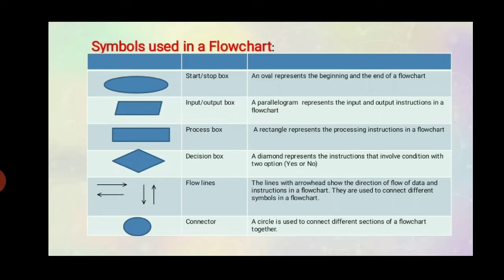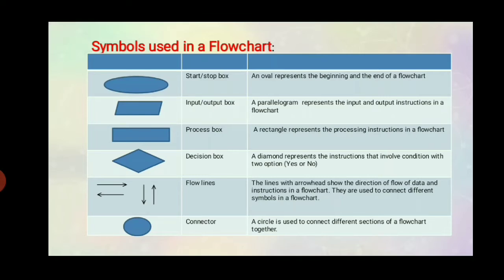And decision box, see here the fourth one. Decision box means suppose you have a condition and you have to answer whether you are going to do something or not. Like the decision means suppose you want to go to Delhi, yes or no. That is in a real life situation.